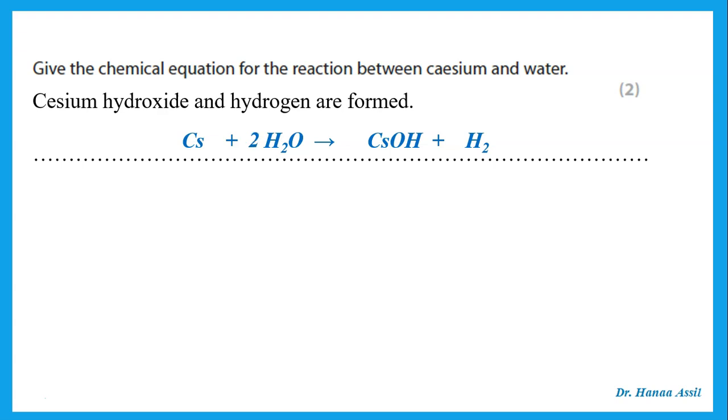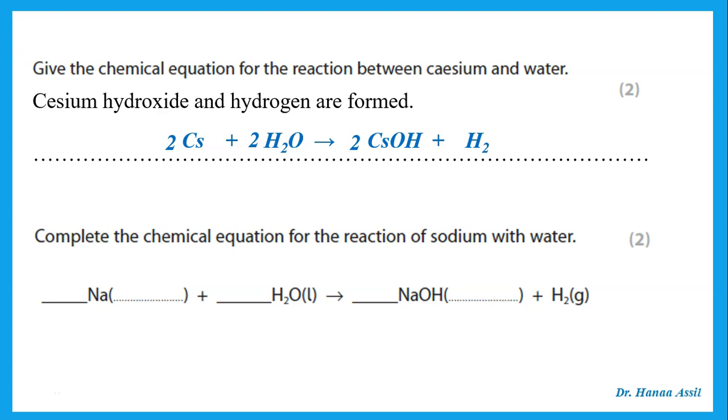That means I need to increase the one that is less. Increasing means instead of having 1, which we don't write, we write 2. Now I have before the arrow a total of 4 hydrogens and 2 oxygens, so I need to fix the oxygens. If I put 2 here, now I have 2 oxygens and a total of 4 hydrogens, but we have ruined the cesium, so we need to put 2.